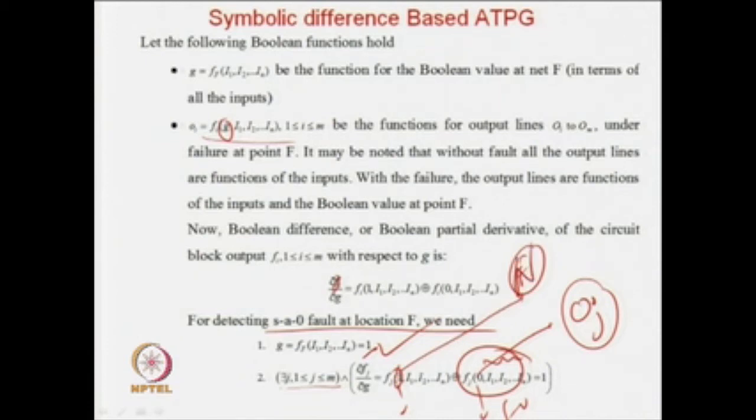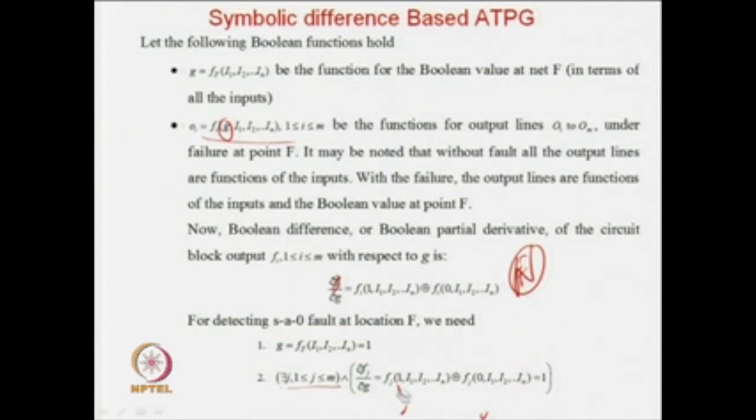Now, we are saying that is the partial differentiation of Fi with the fault. It says that there is at least one output for which the fault effect is sensitizable, that is f of j, for the jth output.